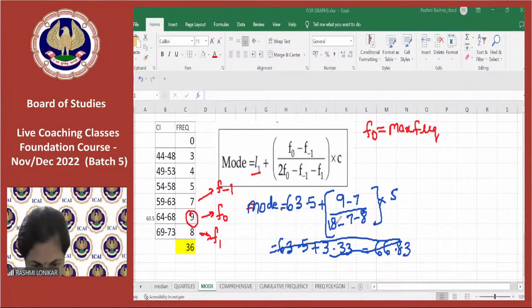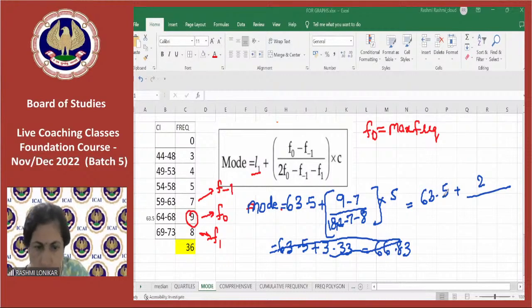No, I have done it correct only. I have taken directly 18. 9 into 2 I have already written as 18.